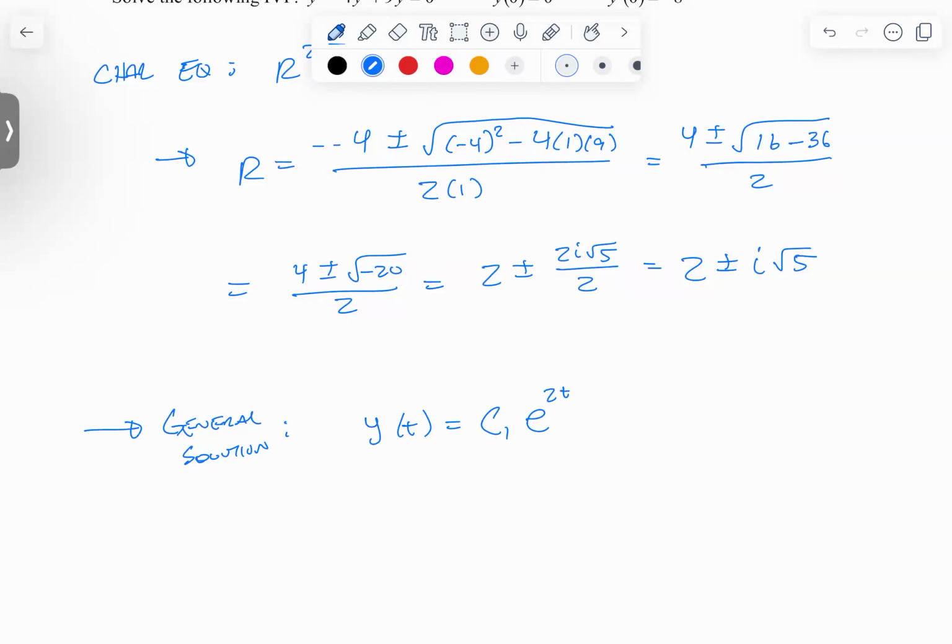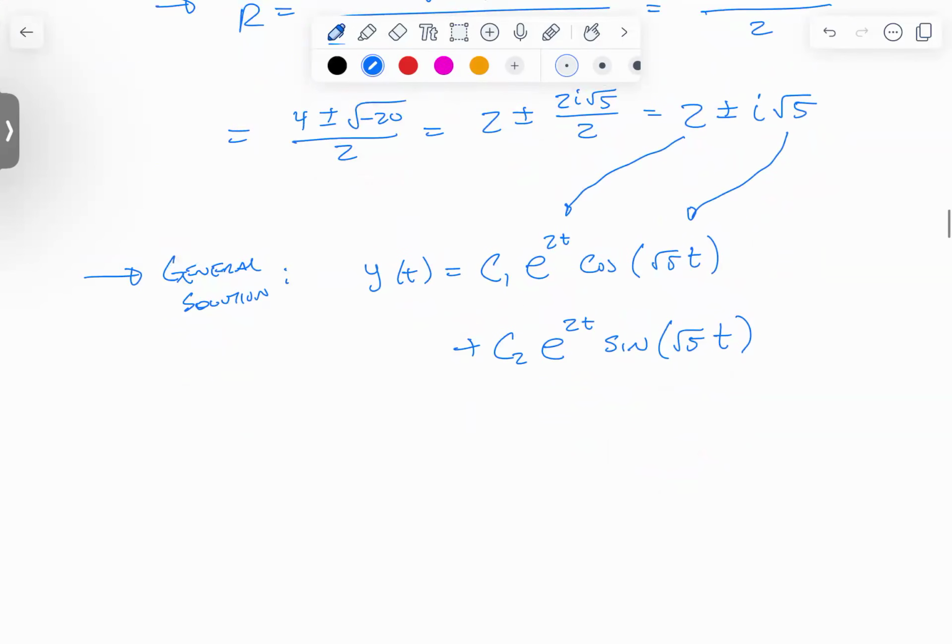The theta will always be what's next to the angle. We identify it, and that's the general solution.